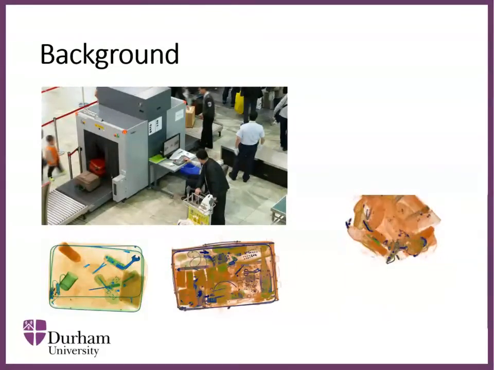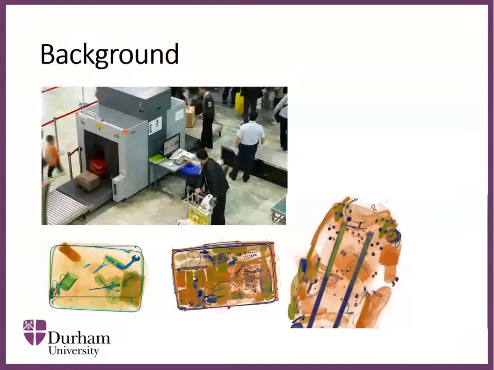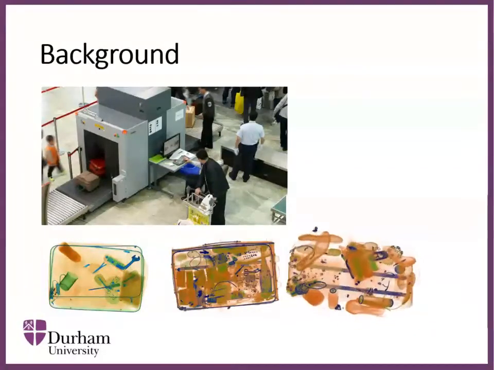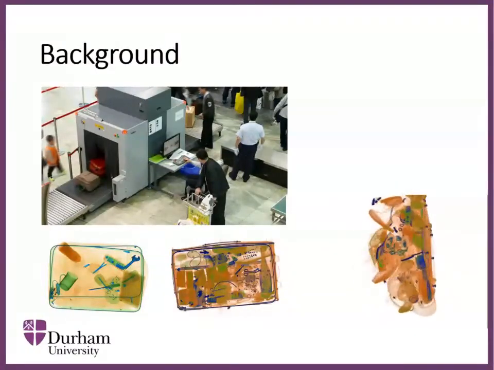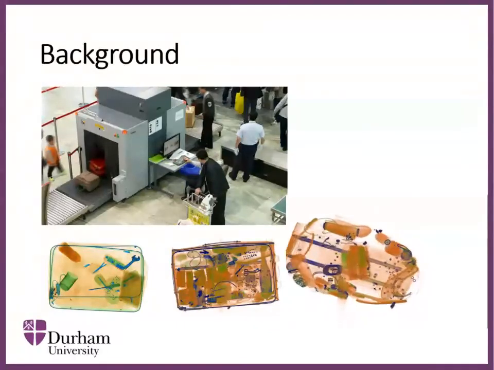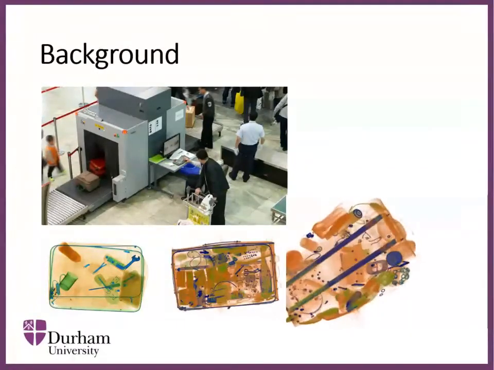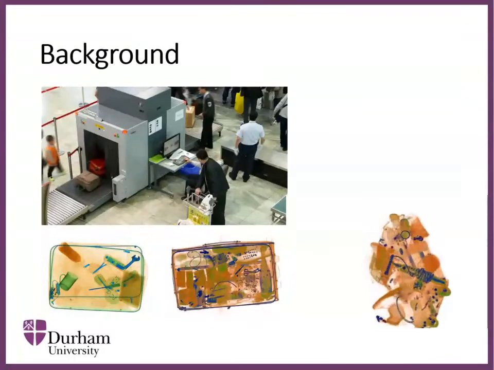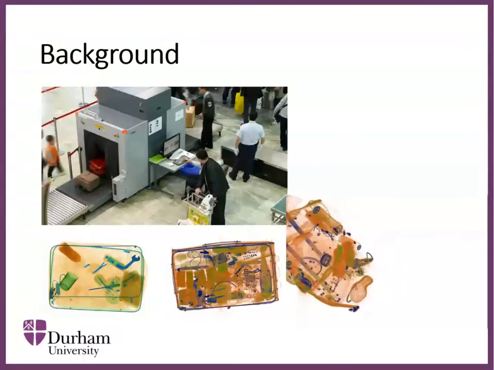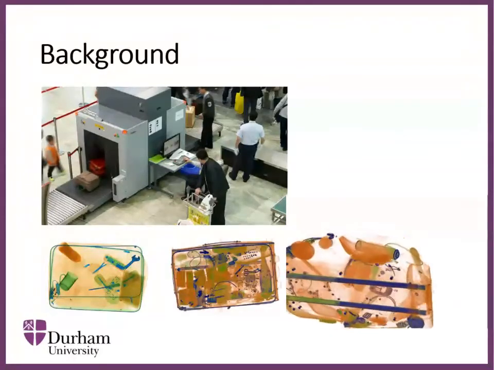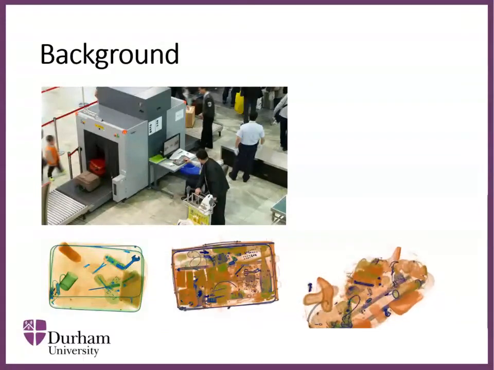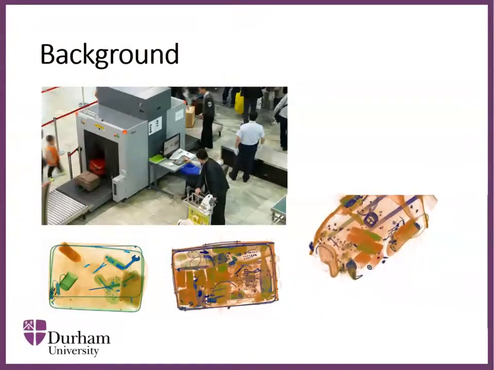Currently, 2D X-ray machines are deployed in most airports in the world. In our previous work, we developed automatic algorithms for prohibited item detection in 2D X-ray images and achieved high performance.